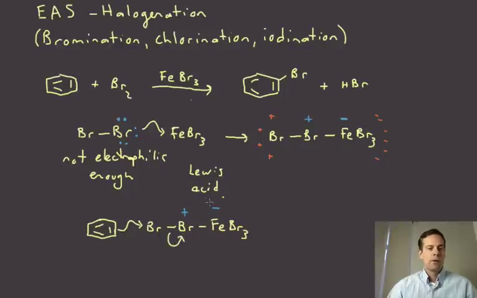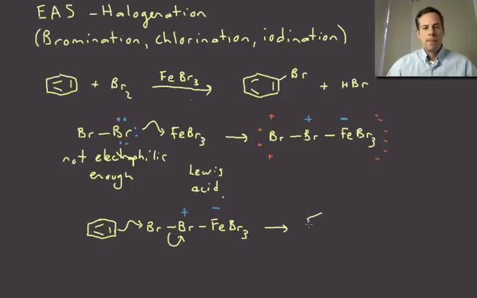You can think of this whole FeBr4 complex as a leaving group. The benzene is displacing this whole thing from that bromine. If we were just to react with Br2, it wouldn't be a good enough leaving group, but by binding it to iron, it becomes a very good leaving group.